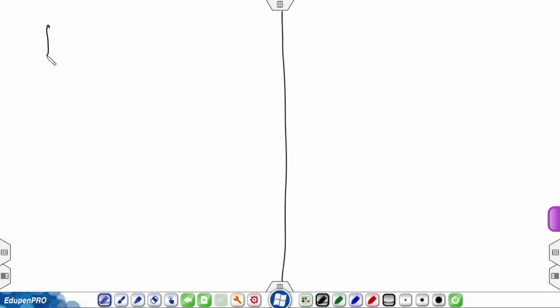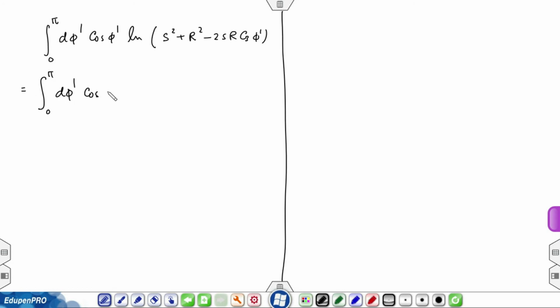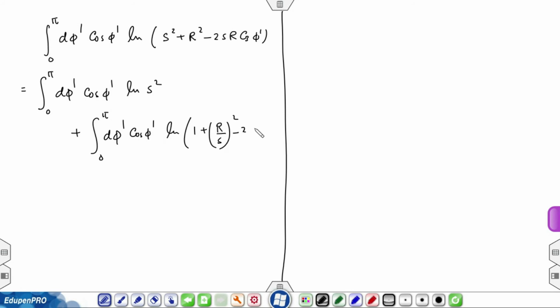I have the integration 0 to pi d phi prime cosine phi prime log of s square plus r square minus 2 s r cosine of phi prime, which I can write as 0 to pi d phi prime cosine phi prime log of s square plus integration 0 to pi d phi prime cosine phi prime log of 1 plus r over s square minus 2 r over s cosine phi prime.